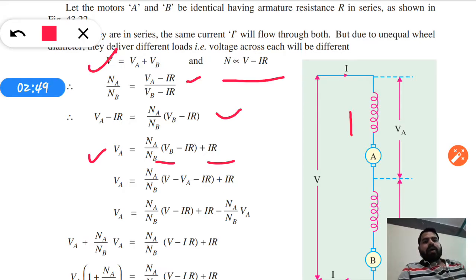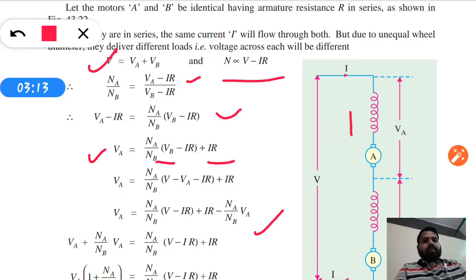So VA will be NA upon NB times V minus IR plus IR minus NA upon NB VA. We are basically multiplying NA upon NB into V minus VA and minus IR. So this expression will become like this.